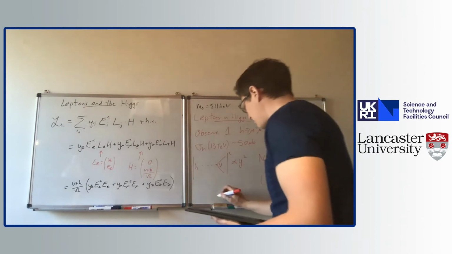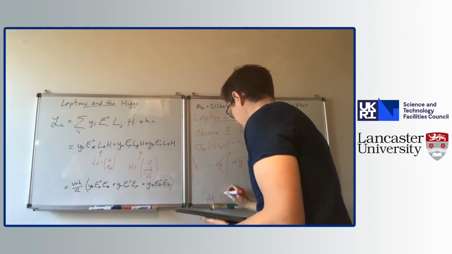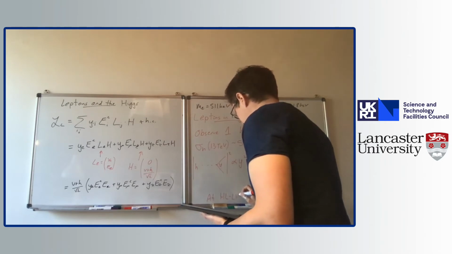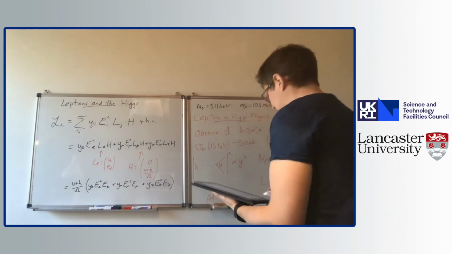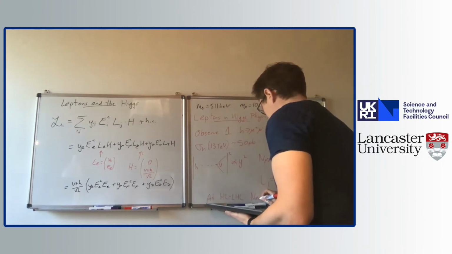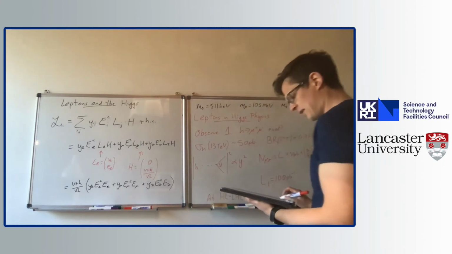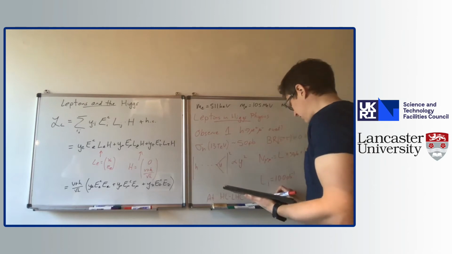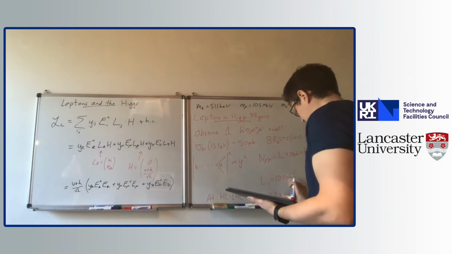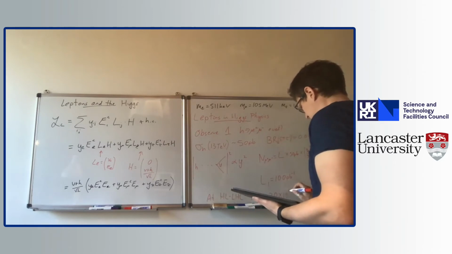So at the high luminosity LHC, we will actually get something like N mu plus mu minus Higgs decays of about 30,000, 30 times 10 to the 3 events.